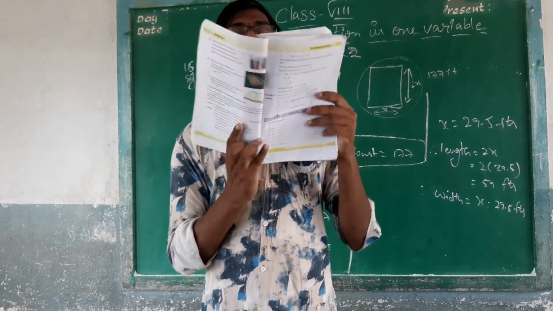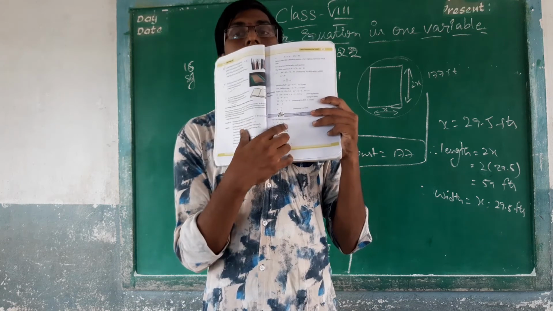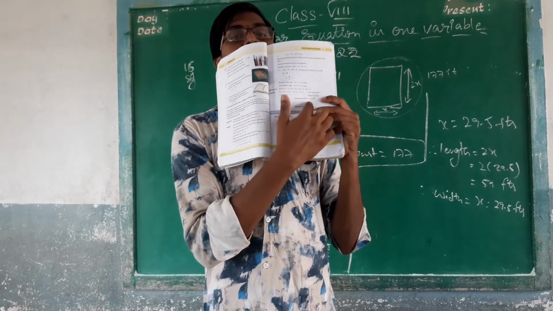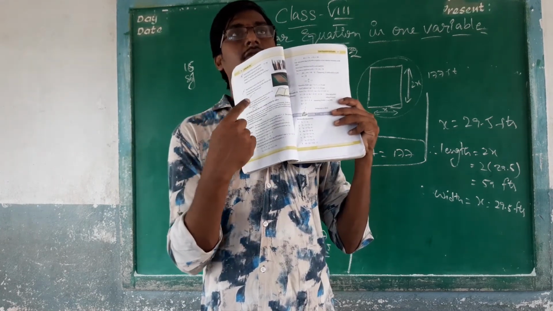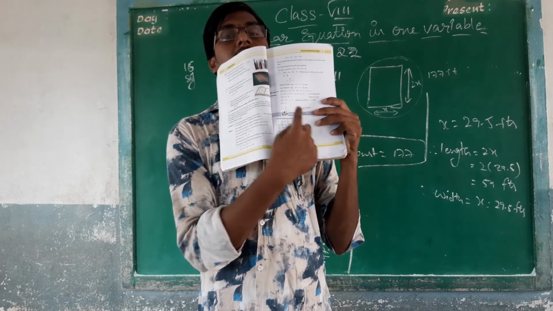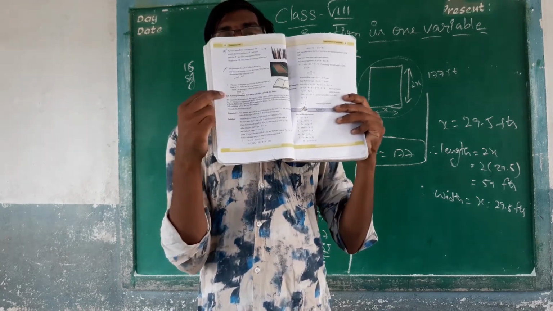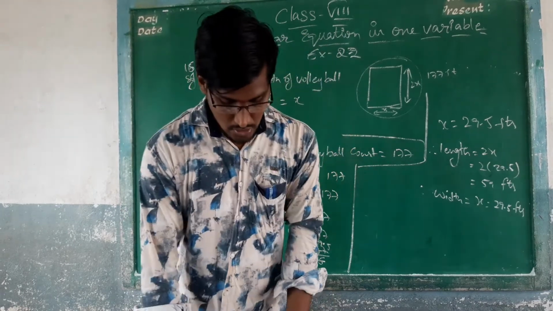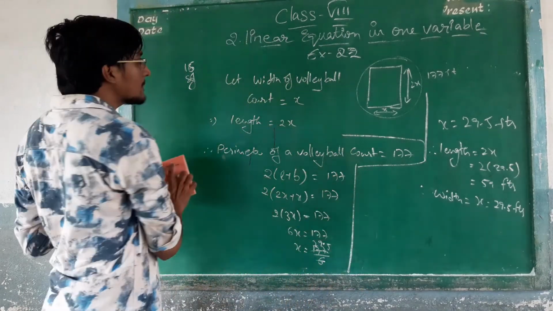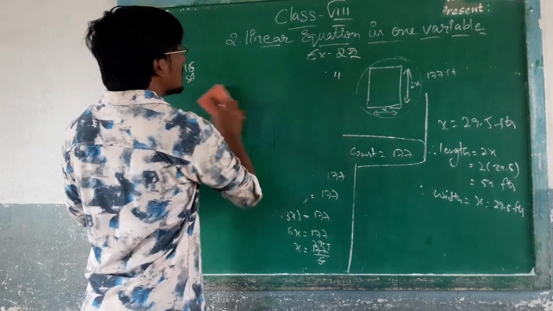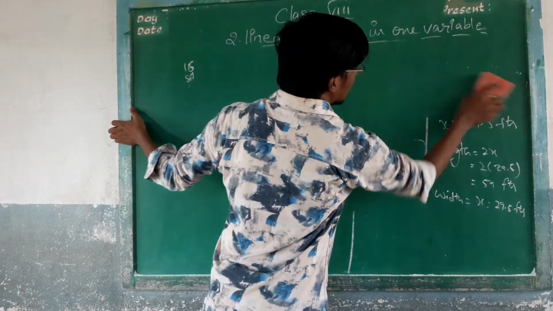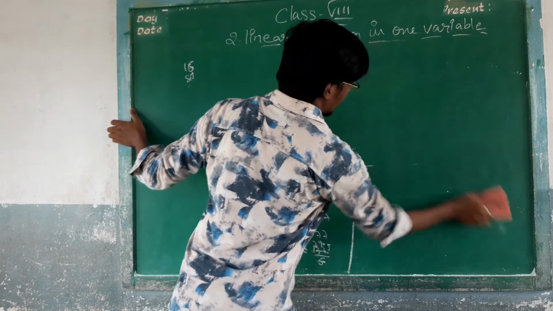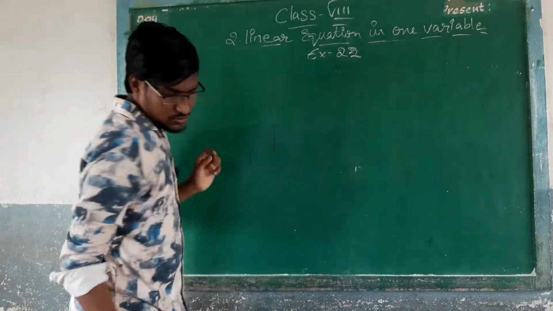This is a book. I have taken this book, and what is this page number and what is this page number? We don't know, so we have to take it. We have been given a hint. Let us take this as x and this as x plus 1. This is the last question for exercise 2.2.